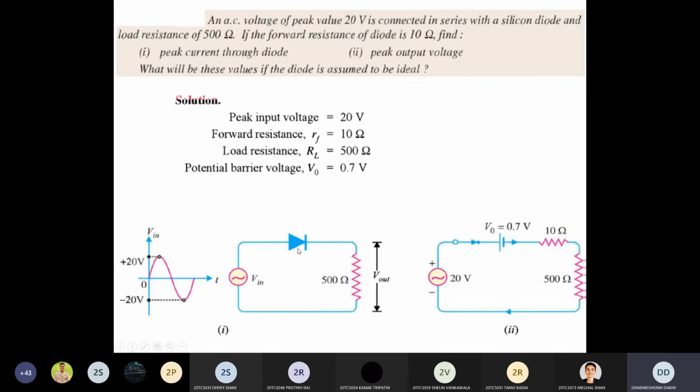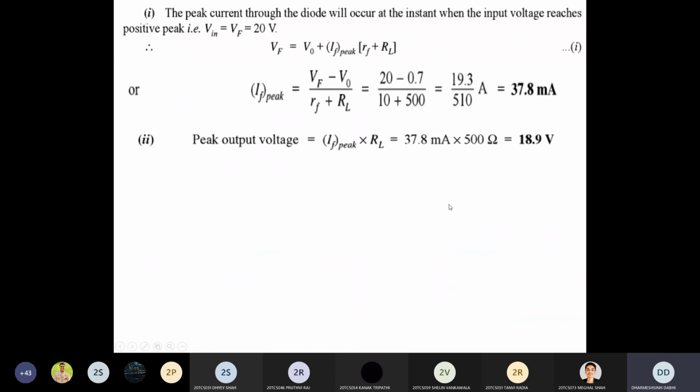So we calculated the peak value of current through the diode, that is 37.8 milliampere. So load current is also 37.8 milliampere. So it is IF peak into RL. So you get the peak value of output voltage, 18.9 volt. Write down this, peak value of output voltage 18.9 volt.